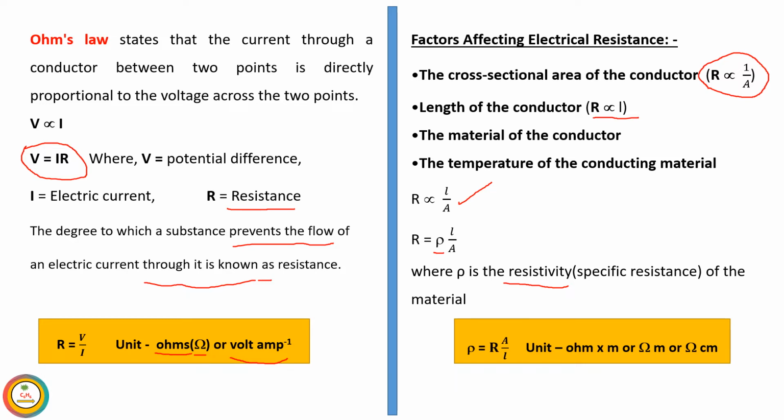Rho depends only on temperature and the material of the conductor. The unit of rho is ohm into meter, or omega into meter, or omega into centimeter.